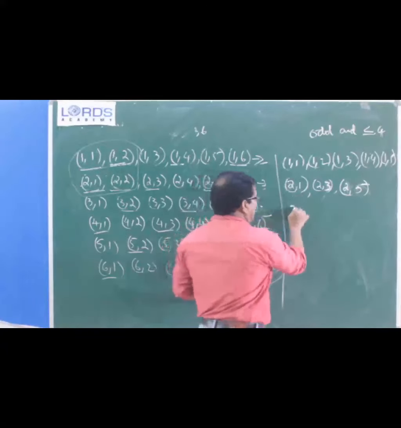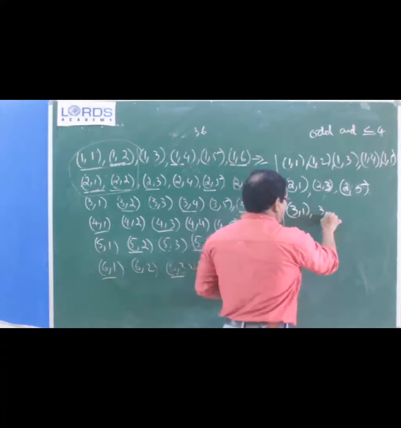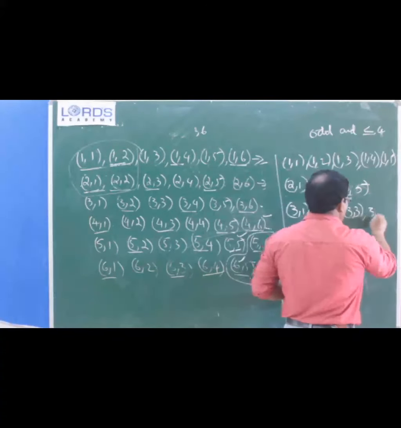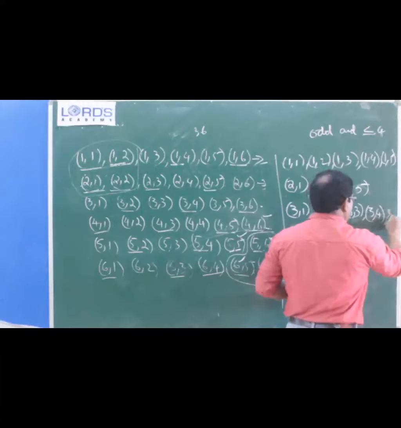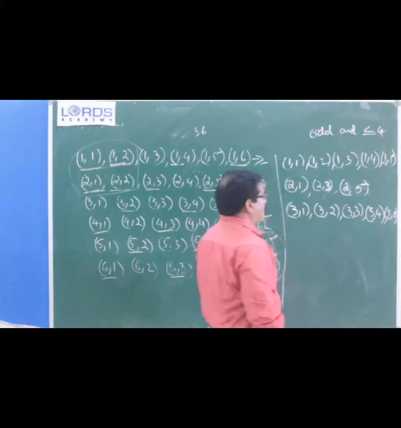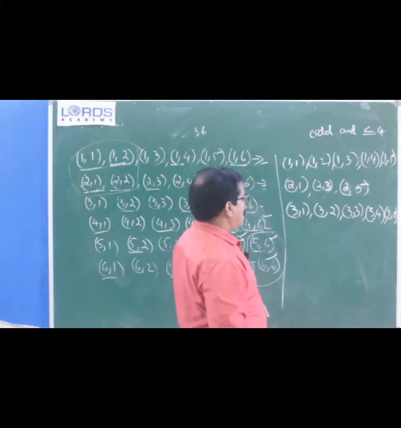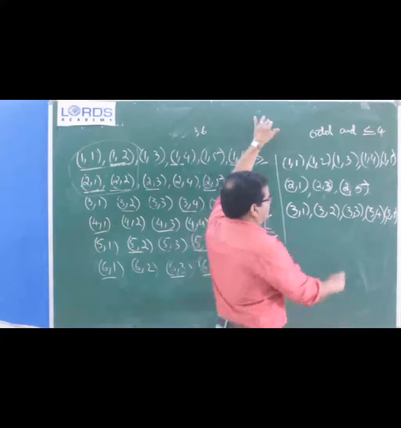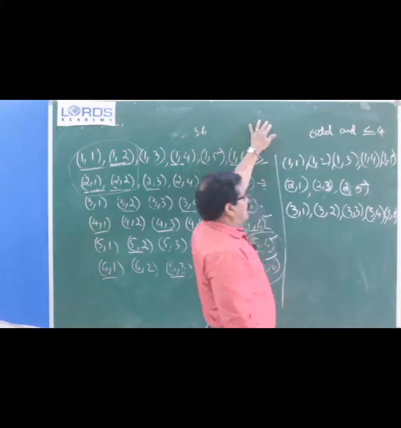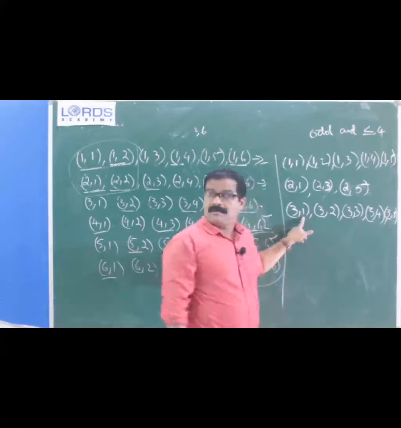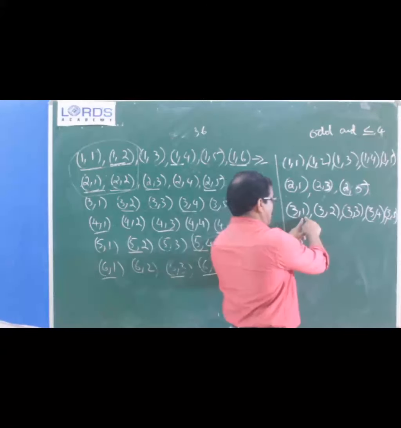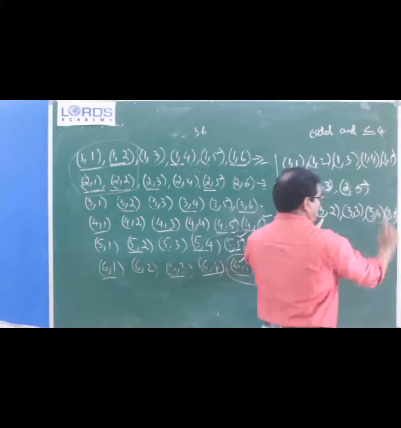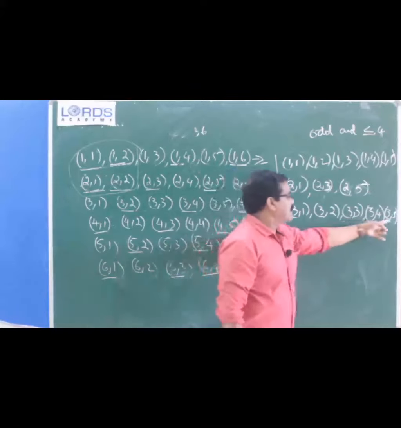Similarly, 3 1 you can take, 3 2, 3 3, 3 4, 3 5. All these are satisfied.